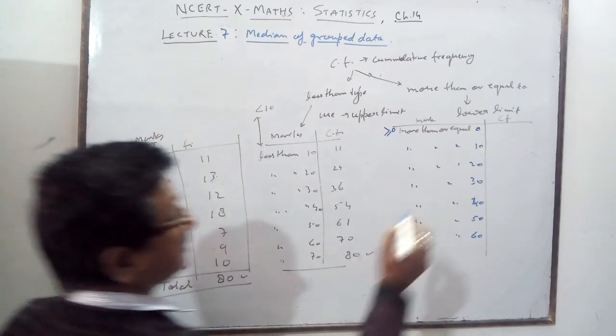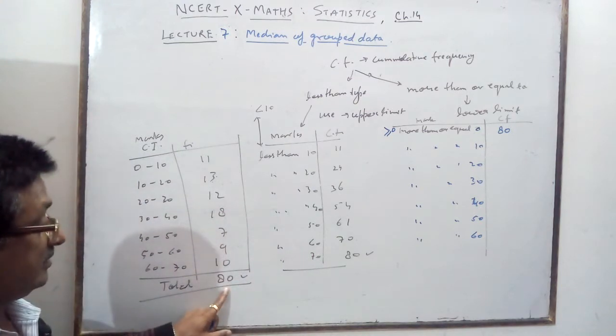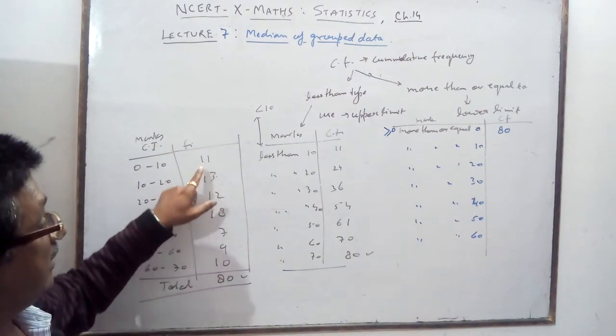Then in this case, sigma Fi will be at the top. Sigma Fi 80 is at the top. 80 minus 11.